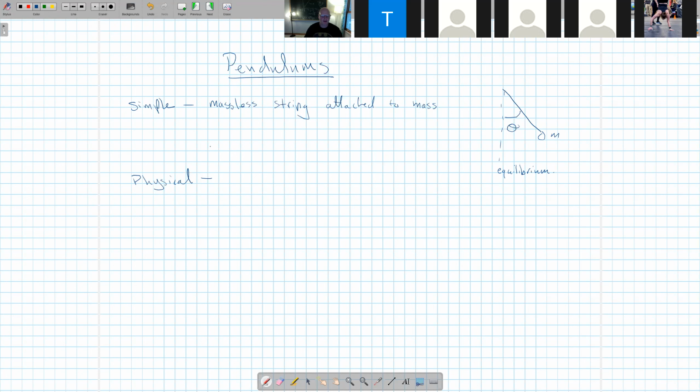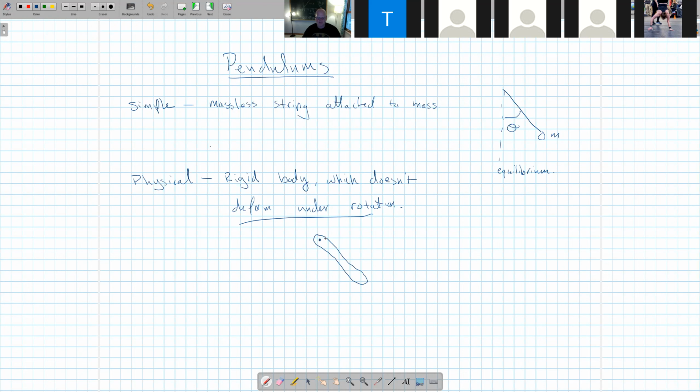A physical pendulum then is going to be a rigid body, which again does not deform under rotation. So this is what we call a physical pendulum. So in this case, this would be some sort of, let's say, here's my object.